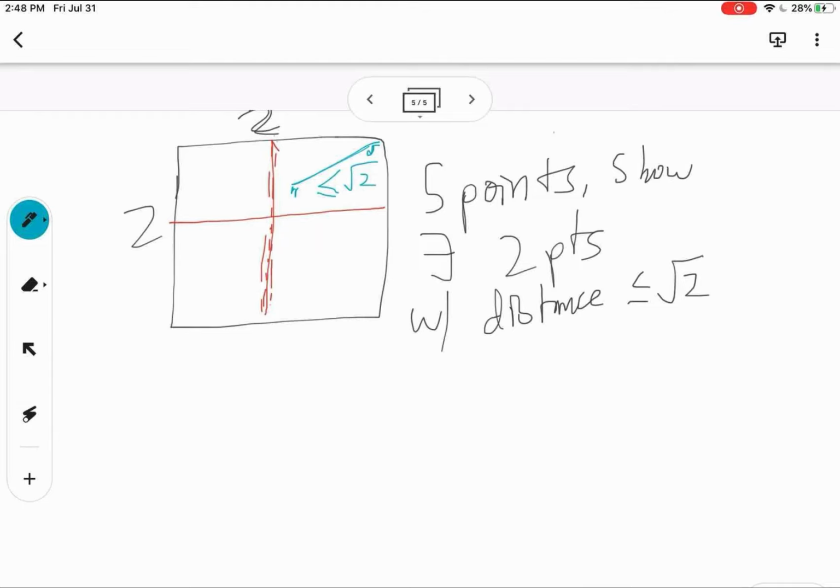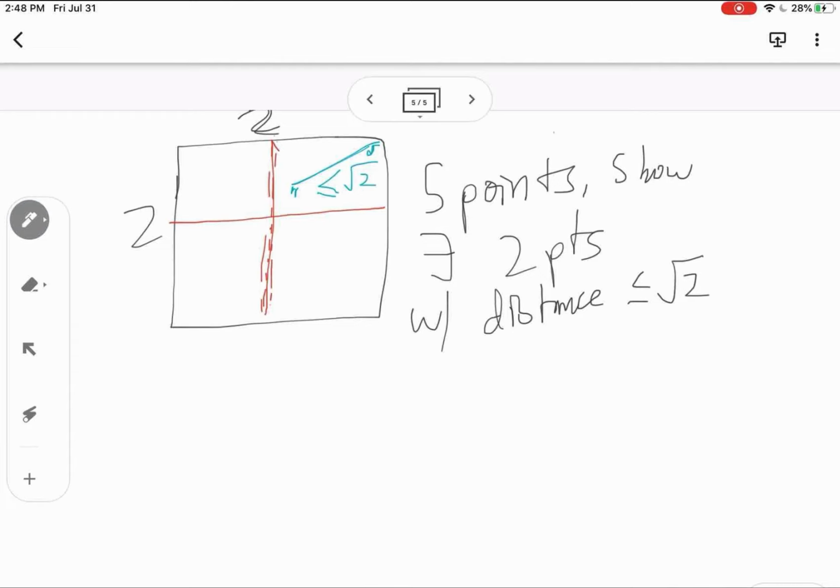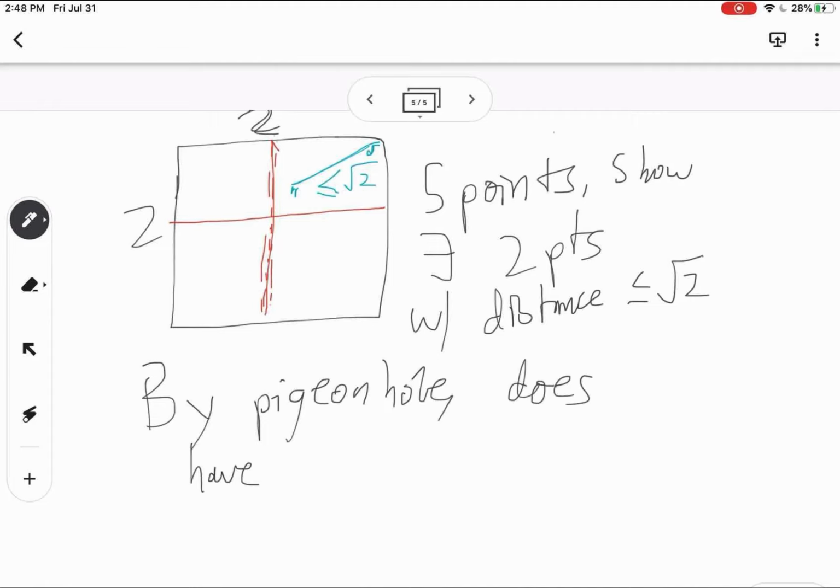And by pigeonhole, we do have 2 points in the same square, which is really nice.